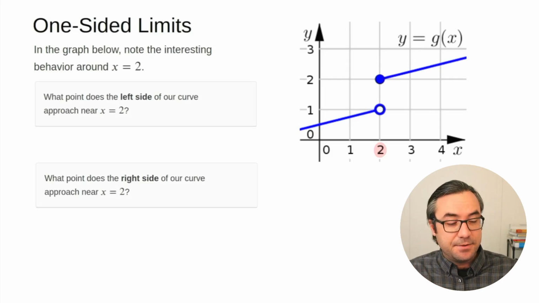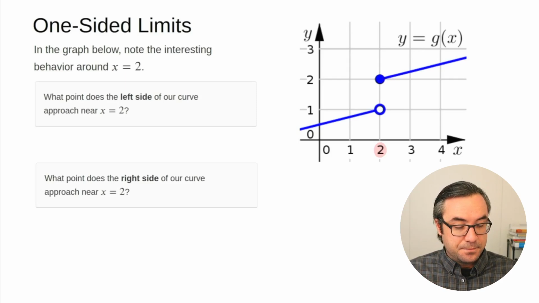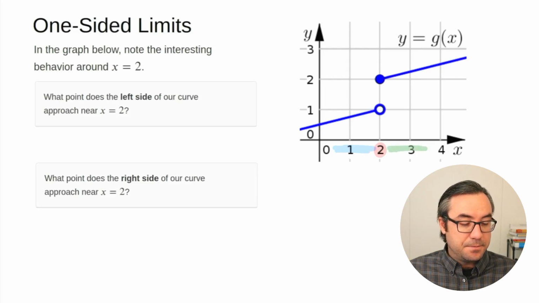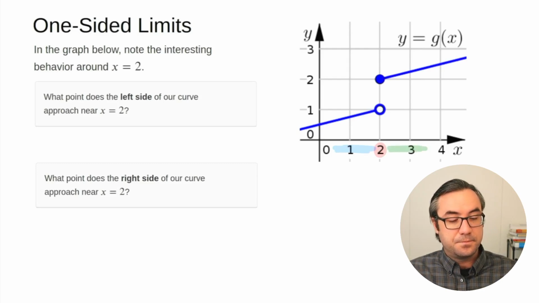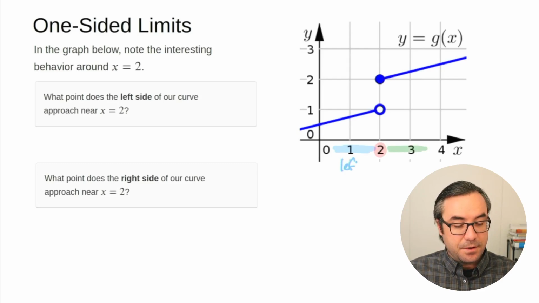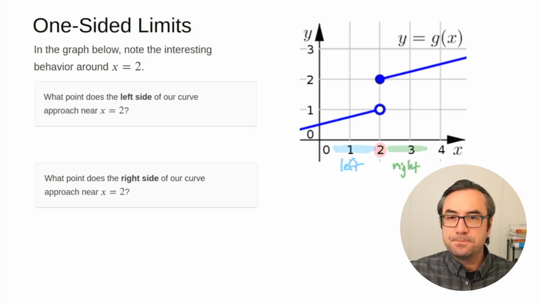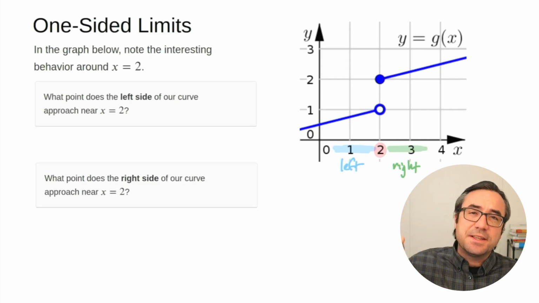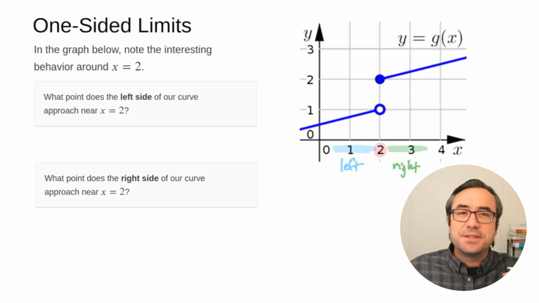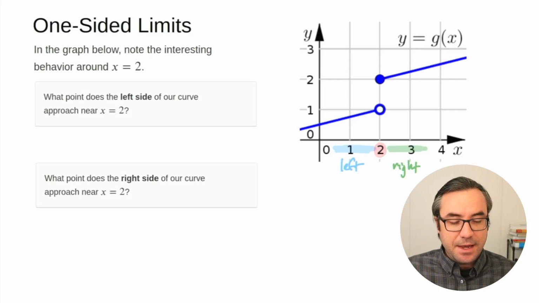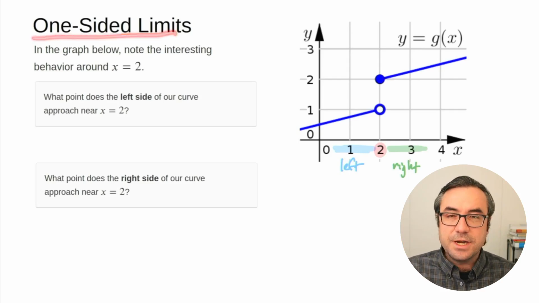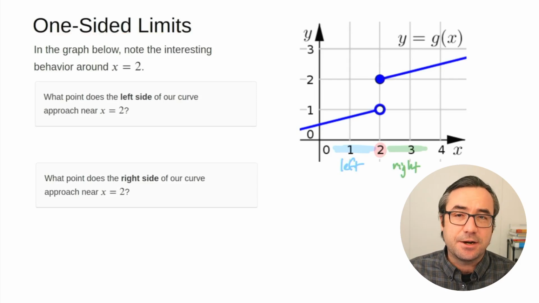There's the left side, and the right side. So we're looking right around x equals 2. And there's the part of the graph that's just a little bit to the left, and then there's the part of the graph that's just a little bit to the right. And we're interested in what's going on either side here.